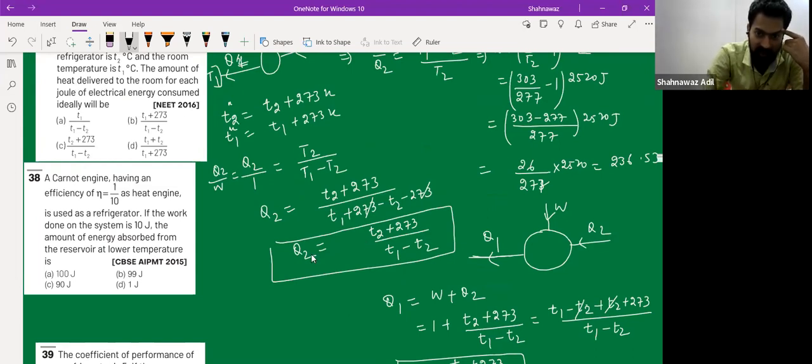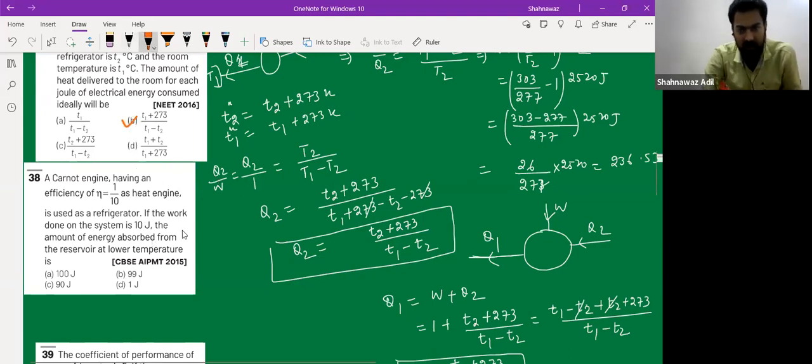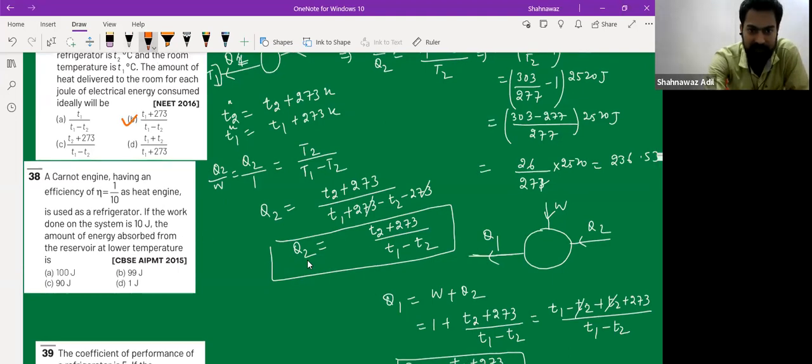We calculated Q2, which was the heat taken from the refrigerator system, which was T2 plus 273. This option was also given, and this option was also given, so we have to keep in mind what they are asking. So the answer is this. Any doubt in this question, guys?